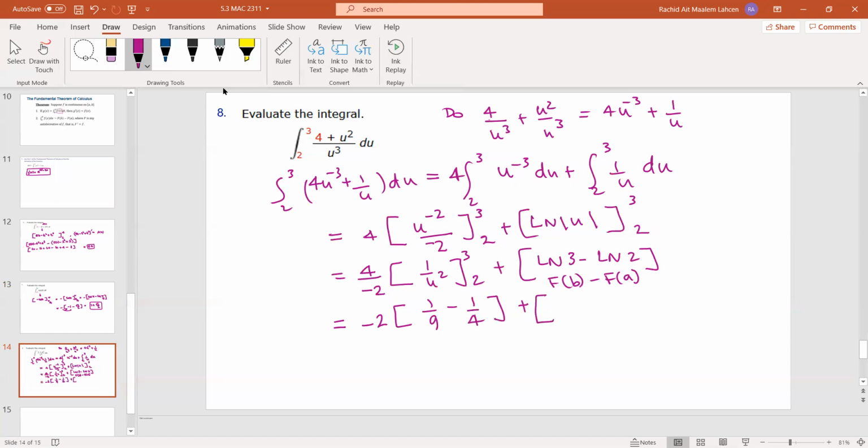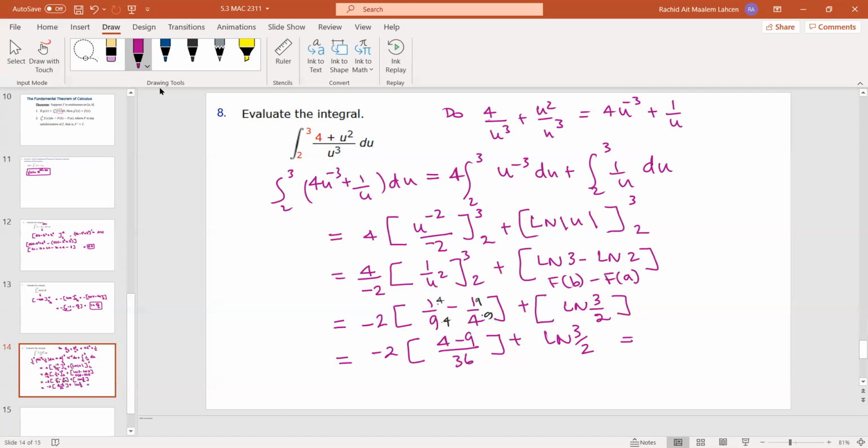And remember, if you have two logs and they're subtracted, you can combine them as a quotient there. So this is times 4. This is times 9. That's a 4 minus 9 over 36 plus ln e halves.